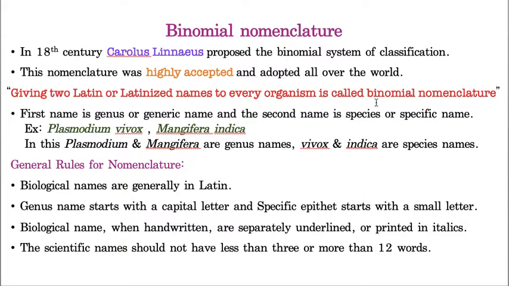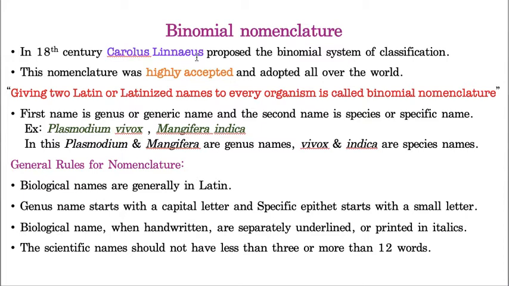In the 18th century, there was one famous scientist. His name is Carolus Linnaeus. This is the person who gave this system of nomenclature called binomial nomenclature, and he is the one who framed the rules for it. So anyone who identifies a new individual has to strictly follow the rules given by Carolus Linnaeus only.